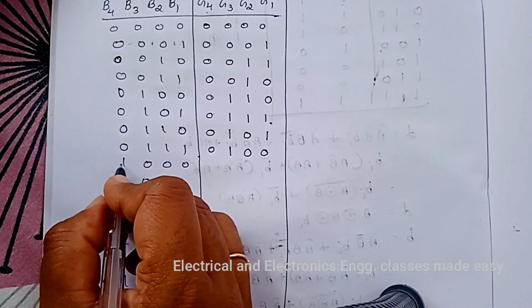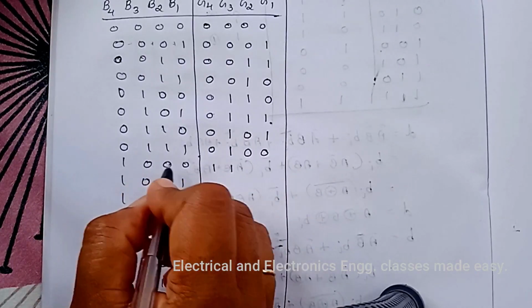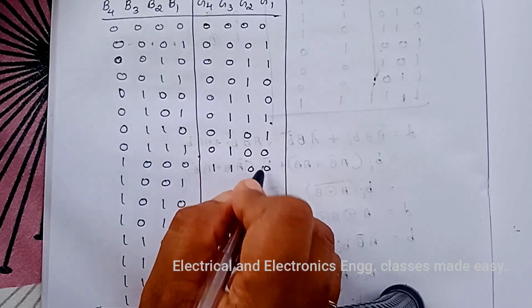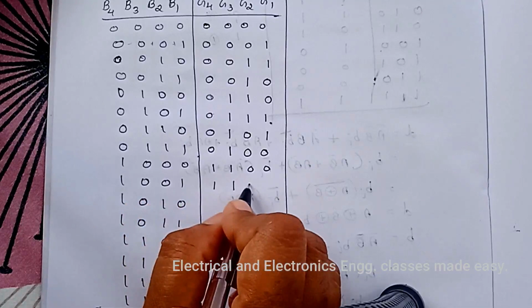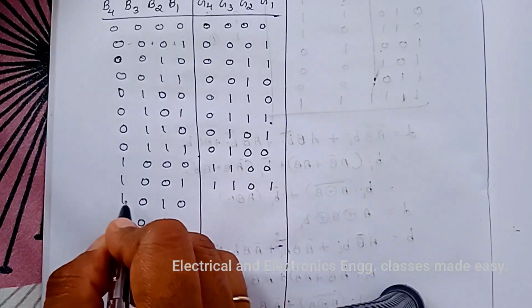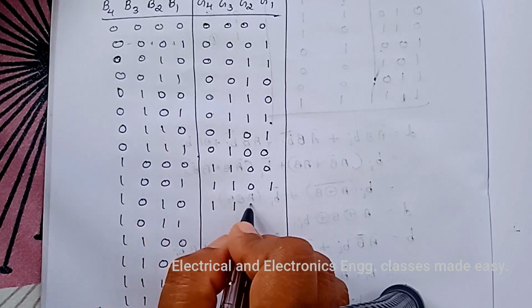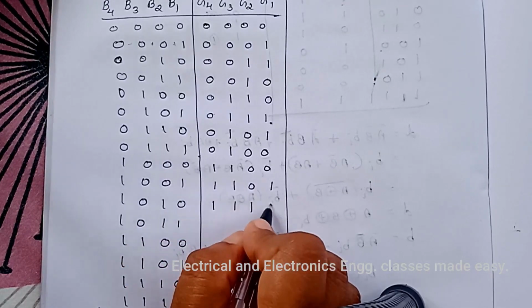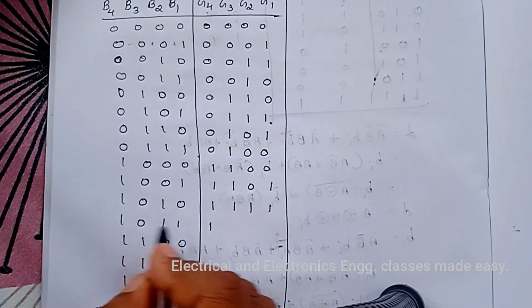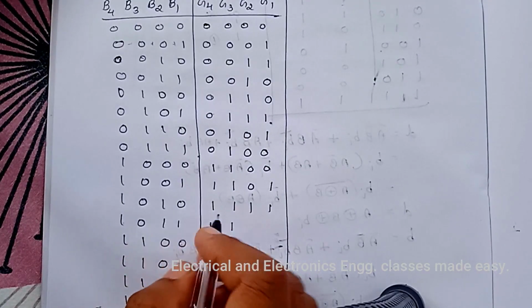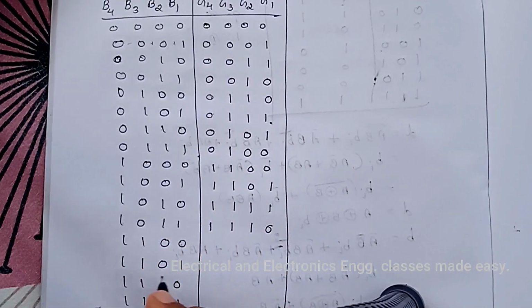Next 1, 1 plus 0 is 1, 0 plus 0 is 0, 0 plus 0 is 0. Then 1, 1 plus 0 is 1, 0 plus 1 is 1, 1 plus 0 is 1. Again 1, 1 plus 0 is 1, 0 plus 1 is 1, 1 plus 1 is 0.